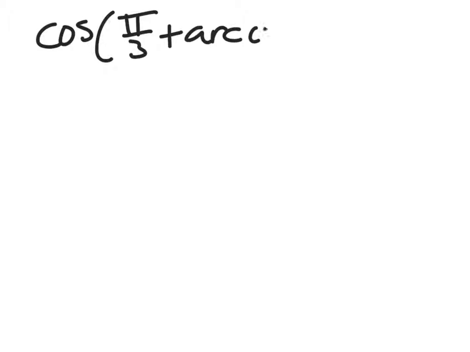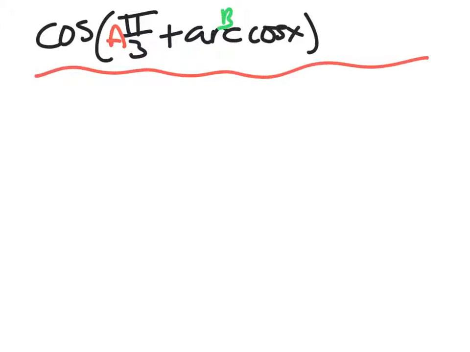On the last screen, we ended with cosine of pi over 3 plus arc cosine x, which means I'm going to do cosine of A plus B. Let's do blue.